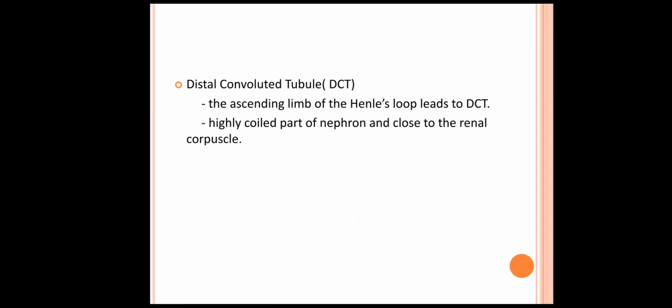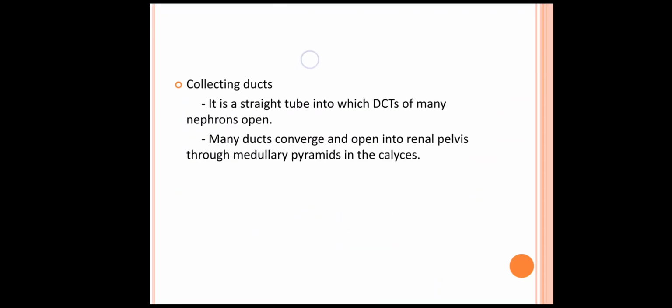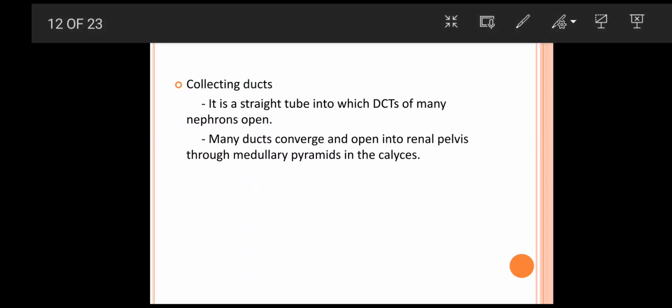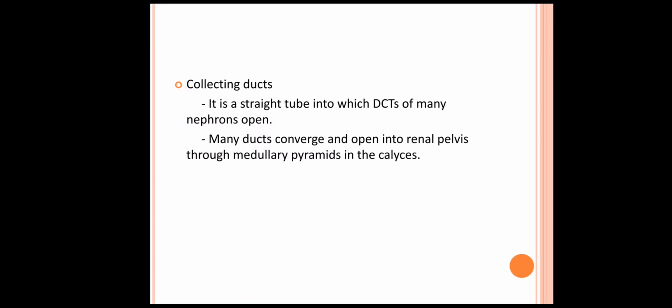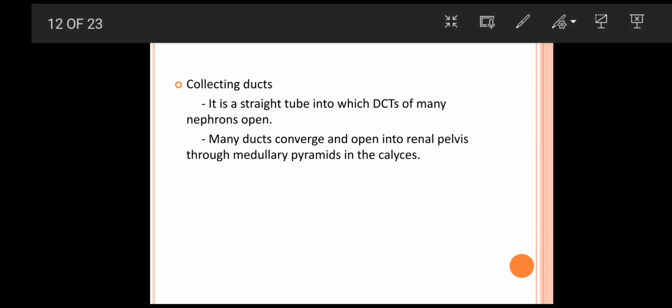Now, the collecting duct is basically a straight tube into which many DCTs open. Many ducts converge and open into the renal pelvis through the medullary pyramids in the calyces.